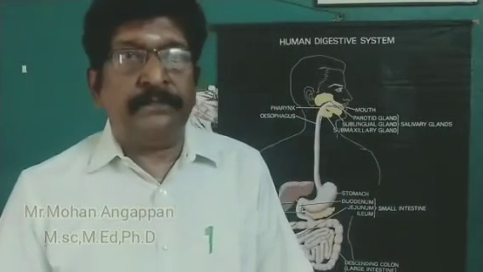So these are the nerve supply to the tongue. I repeat: the facial nerve for taste sensation, the glossopharyngeal nerve, the trigeminal nerve for pain, pressure and temperature of the tongue, the vagus nerve for sensation at the back of the tongue, and the hypoglossal nerve for tongue movement.